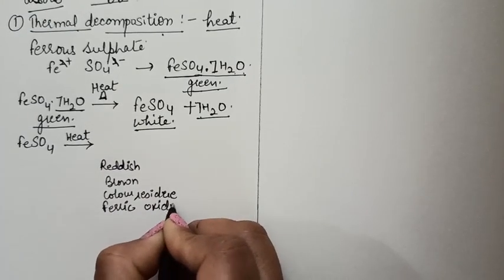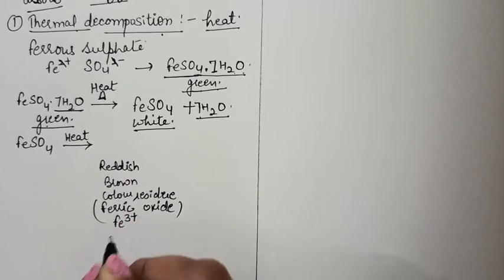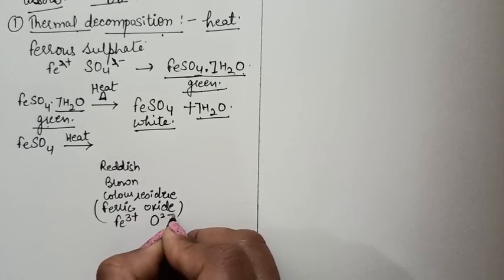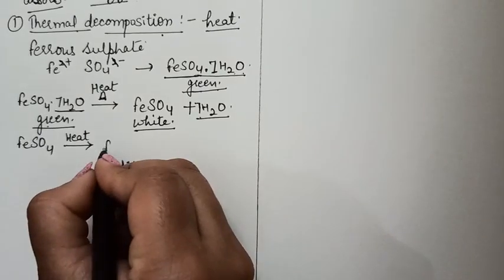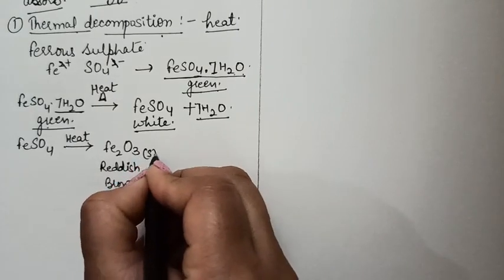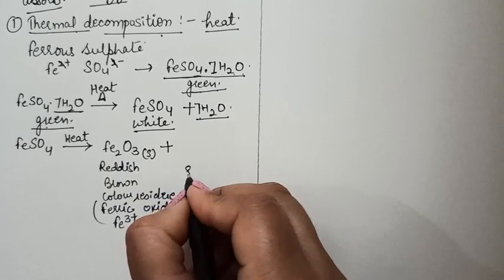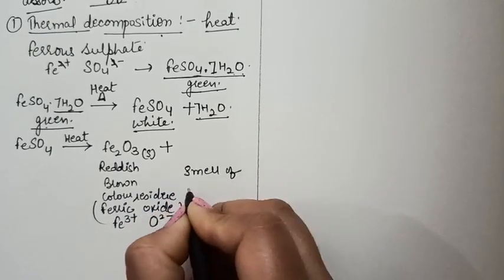Ferric, Fe3+, oxide, O2-. Fe2O3, that is the solid residue, plus there is the smell of burning sulfur.